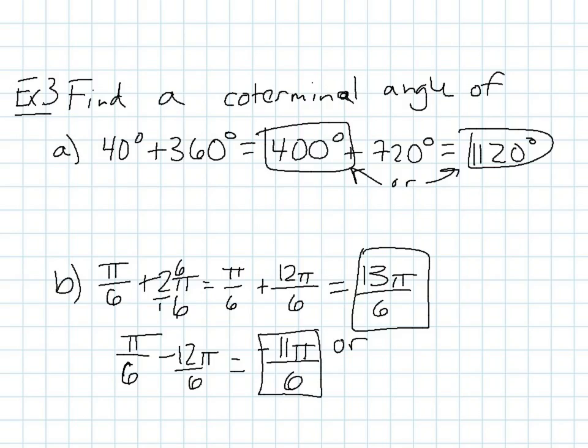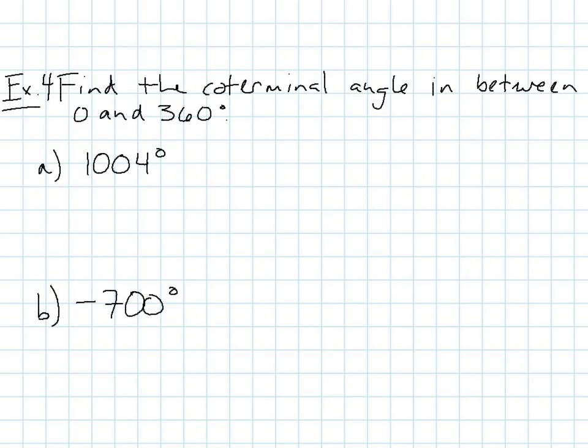Now, on the flip side, let's say we have some angle, and we want to get the coterminal angle that's in between 0 and 360. If it's a positive value, I need to subtract 360 until I get in between 0 and 360.